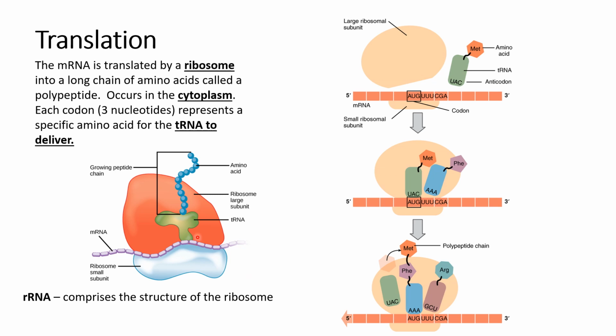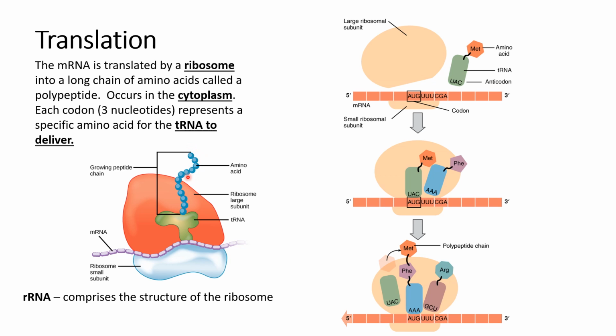amino acid. So when 3 nitrogen bases enter the ribosome, a transfer RNA, tRNA, will deliver the amino acid to the ribosome. That transfer RNA will leave, then the next 3 nitrogen bases will be read, and another transfer RNA will come in and deliver another amino acid.